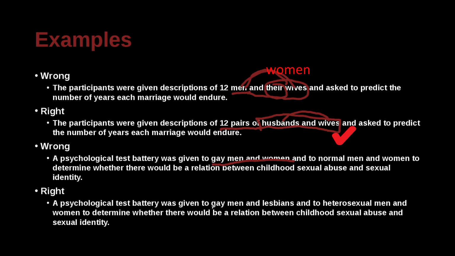So because we're using this phrase gay men, the equivalent for women is lesbians, and to heterosexual men instead of normal men and women. So what we've done here is we've just made it equivalent. This group is labeled gay men, and this group of females who are homosexual is labeled lesbians.